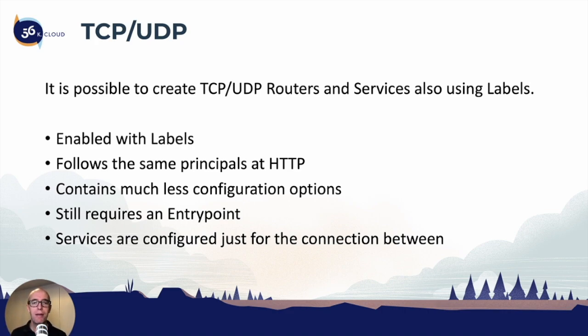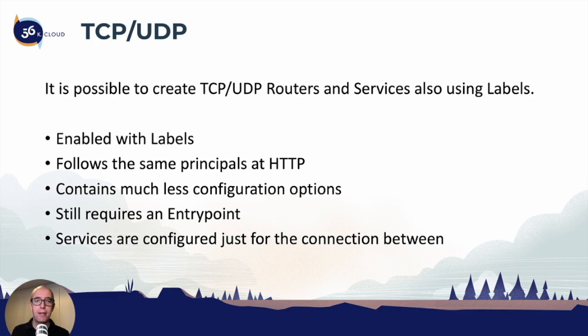Because with TCP, there are very few options. You're basically setting what port it's on, maybe some health checks. That's about it, not much else. And UDP is even less. So it still requires an entry point, and you're configuring the configuration between the two. So if you want to go into TCP, UDP, you can just use the same examples we're doing today, just changing the entry point to TCP.